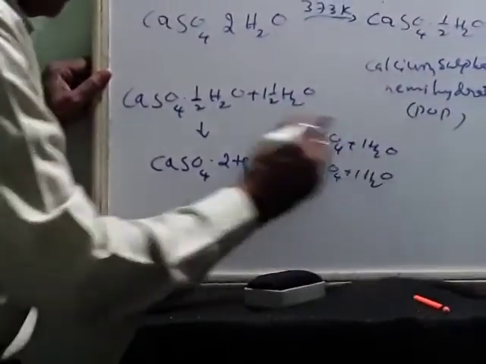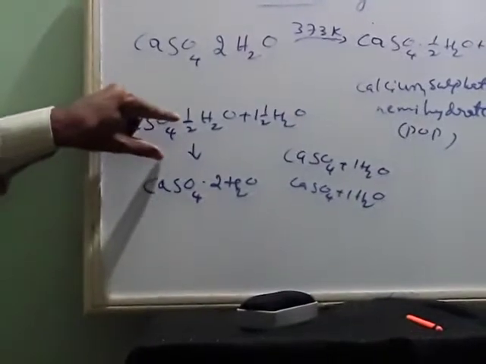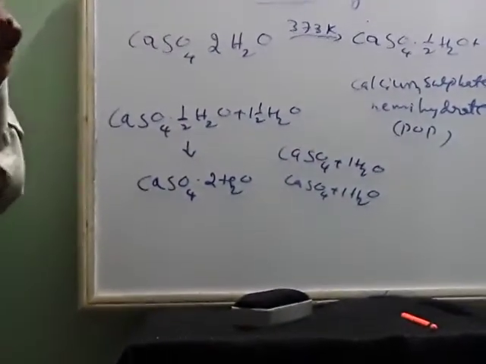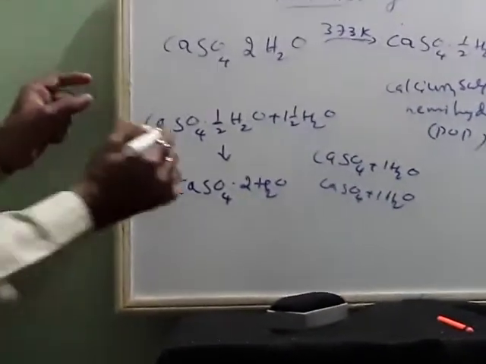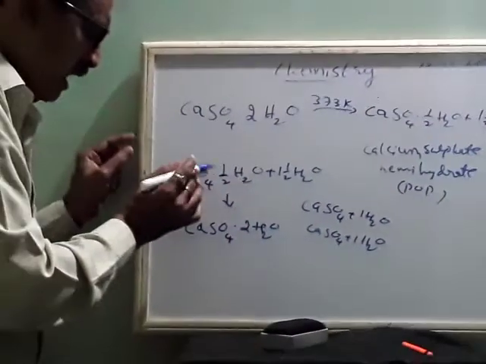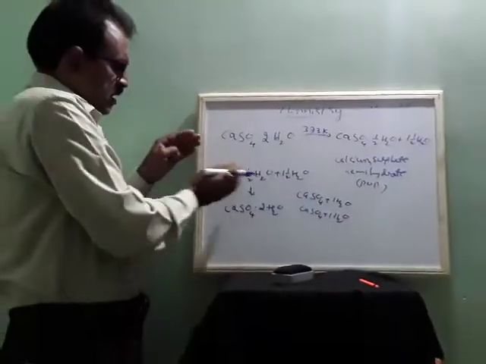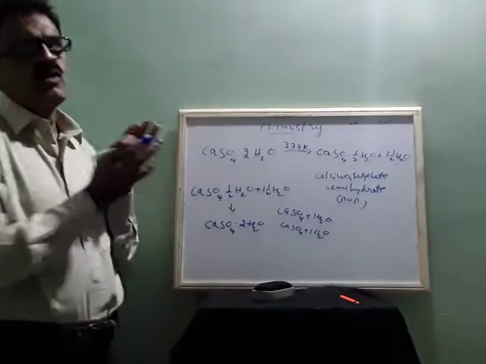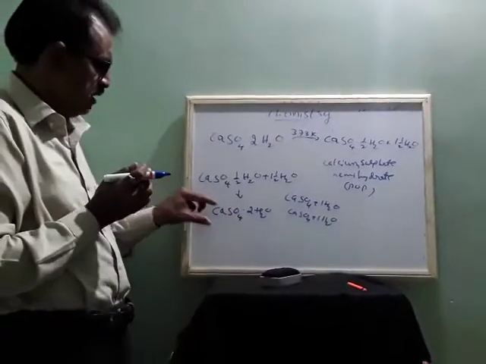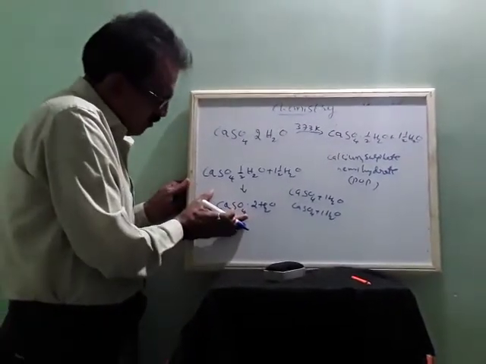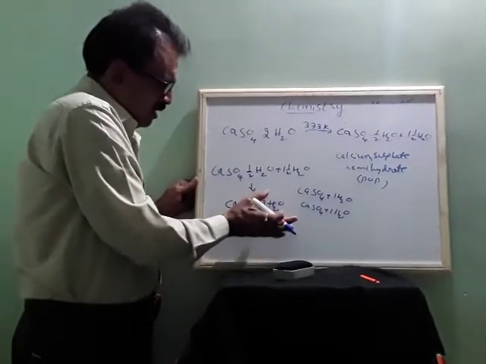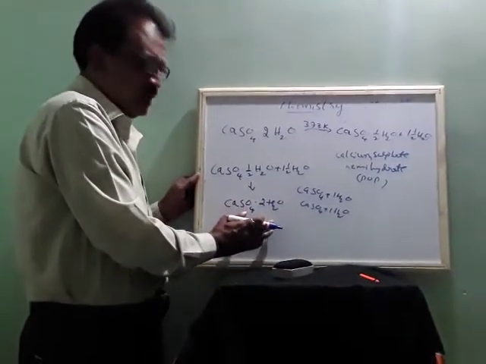That's why we write CaSO4 dot half H2O. So half does not mean half a part. Water is shared, and one more water molecule is gained by the calcium sulfate. So this becomes calcium sulfate dot 2H2O. This is gypsum.